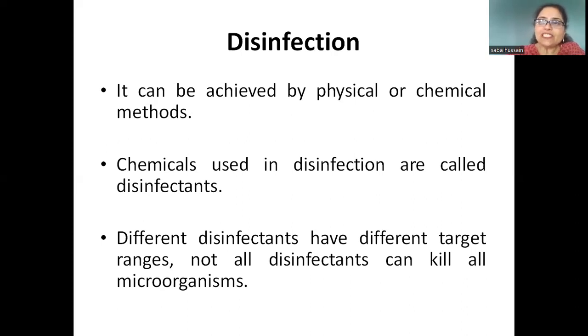Different disinfectants have different target ranges, and no single one can kill all kinds of organisms. So for different microorganisms, we need different disinfectants. Those which can remove all kinds of microorganisms, in their vegetative and spore forms, are called sterilants. We don't call them disinfectants.